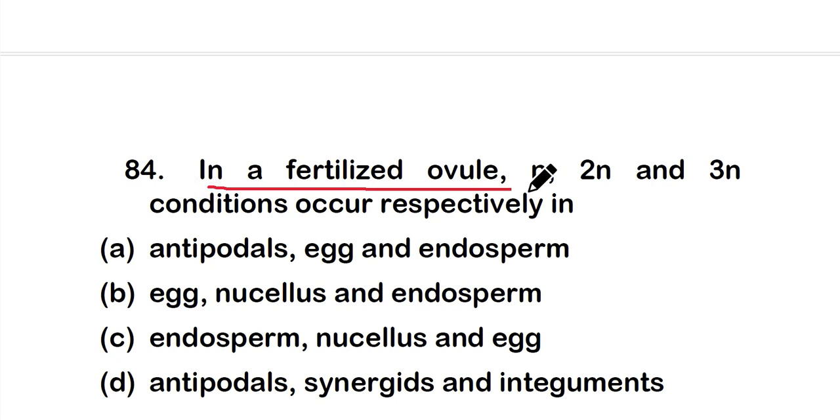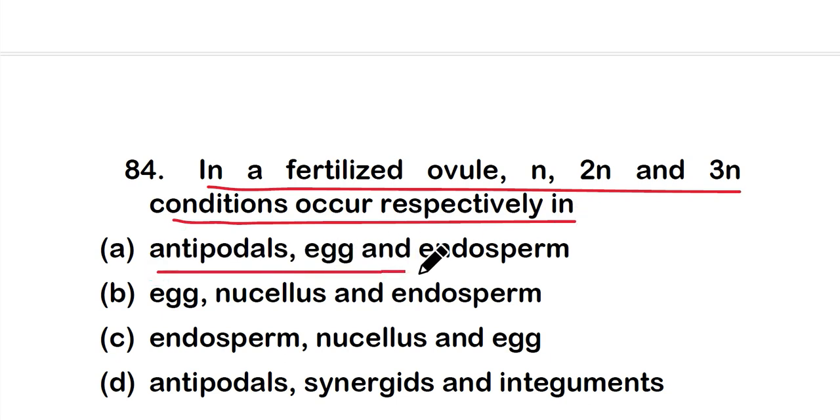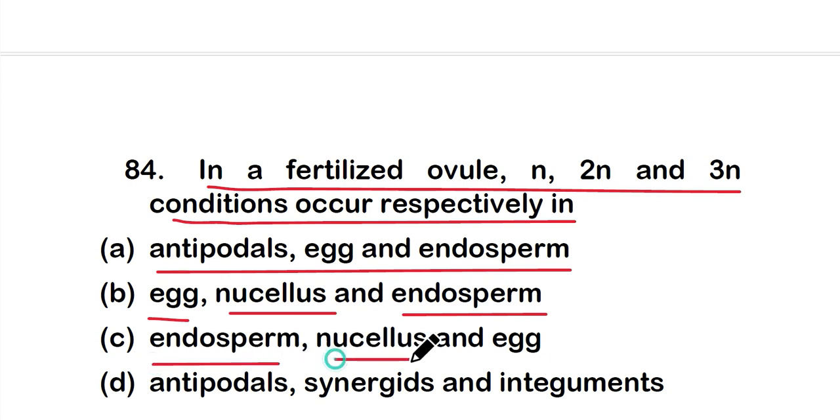In a fertilized ovule, n, 2n and 3n conditions occur respectively in: option A, antipodals, egg and endosperm respectively; or option B, that is egg is n, nucleus is 2n, and endosperm is 3n; or option C, where endosperm is n, nucleus is 2n, egg is 3n; or option D, antipodal is n, synergids is 2n, and integuments is 3n.